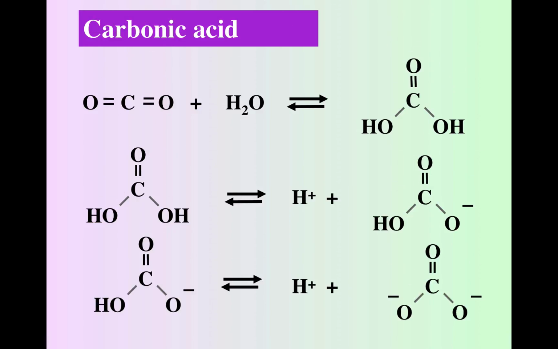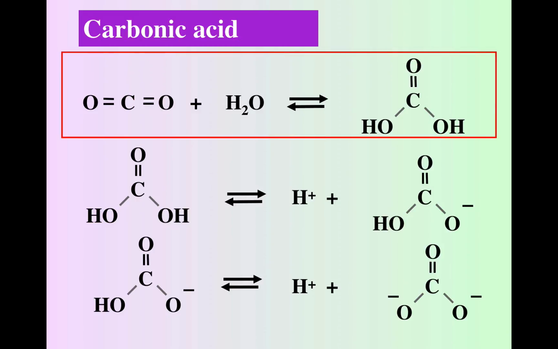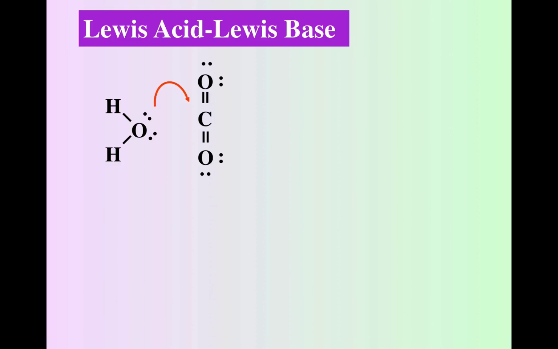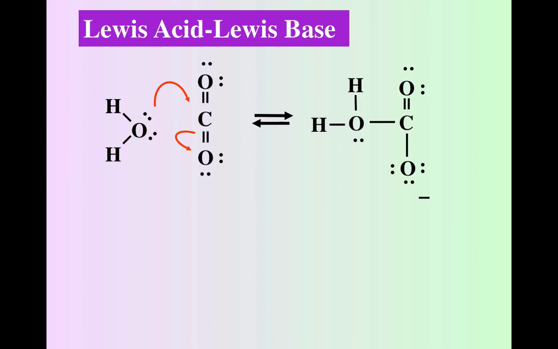So the mechanism for this is an electron pair is donated from the water to the carbon. So the water is acting like the electron pair donor, it's acting as the base. The carbon is acting like the electron pair acceptor, it's the acid. This electron pair in the double bond jumps out to one of the oxygens on the periphery. And we end up with this intermediate.